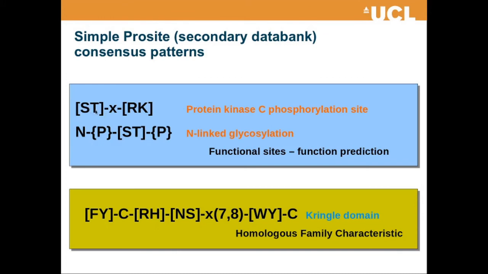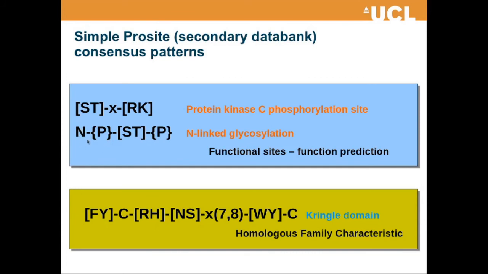So serine or threonine, followed by anything, followed by arginine or lysine, is characteristic of a protein kinase C phosphorylation site. So if you saw this in a protein, you would think this is a protein probably involved in something like signaling that is modified by protein kinases. This second pattern, the curly brackets mean not.